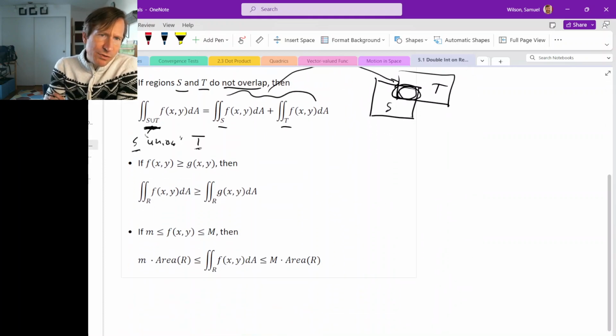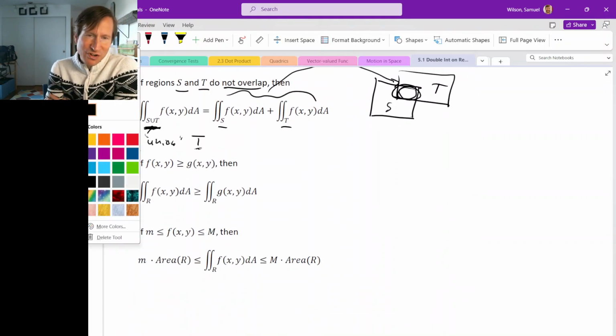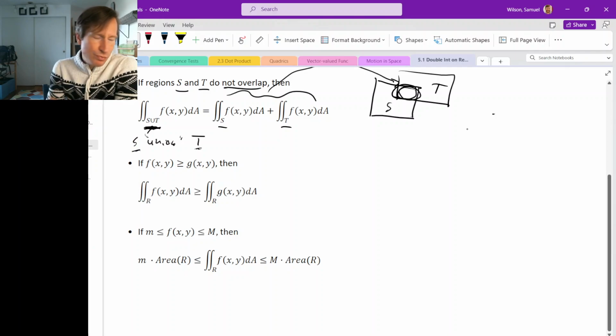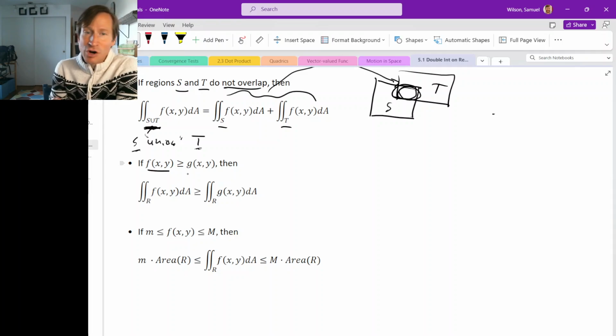A couple other things. These are exactly the same sort of facts that you no doubt learned about when you studied single variable integrals. So if one function f is always bigger than another function g, then the integral of f has to be larger than the integral of g over some certain region, right?